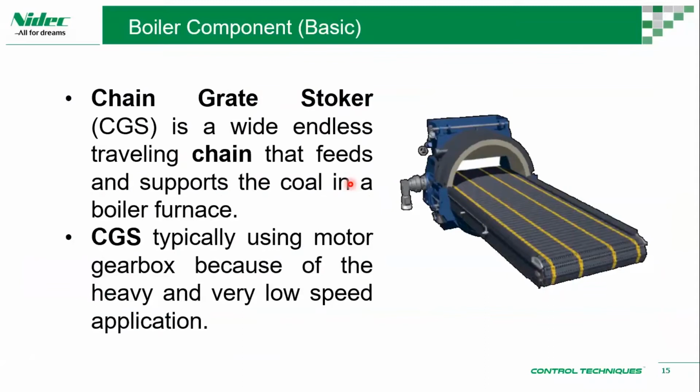So the chain grate stoker is a wide endless traveling chain that feeds and supports the coal in the boiler furnace. This chain will run continuously at a very slow movement. Why? Because of the heavy load, the heavy condition, we need to use a gearbox. That's why the speed is very low.